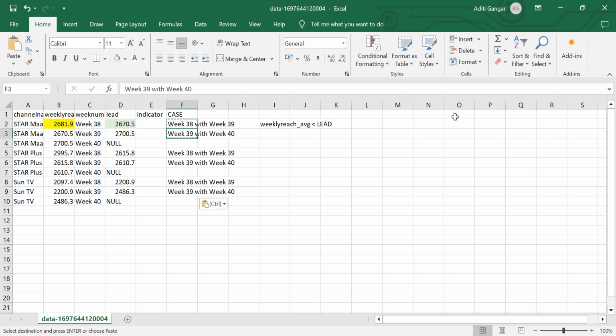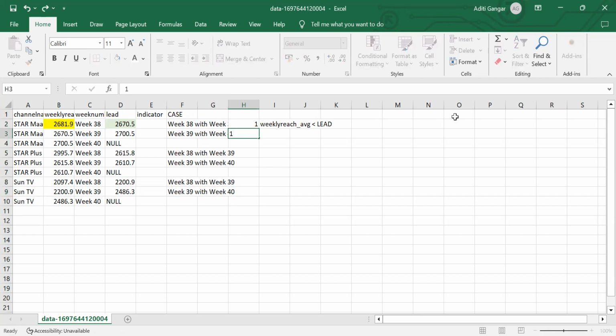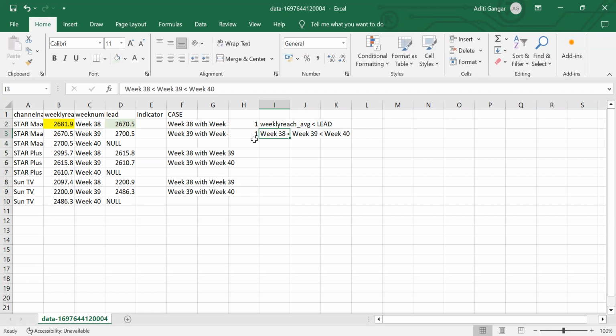Now that we are at this stage, if this is going to be 1 and 1, we can be assured that every week, if this condition holds true, this being the formula for reach, that means it's a green flag for us.